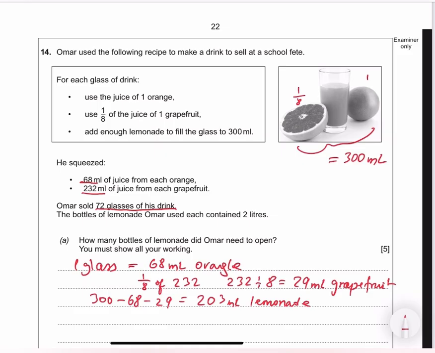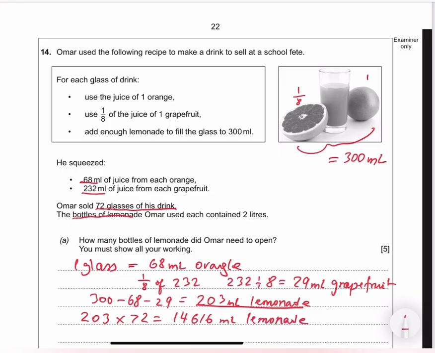So we need to find out how many bottles of lemonade did Omar need to open. So he made 72 glasses. So we're going to multiply 203 by 72. That will give you the total amount of lemonade used, which is 14,616 ml.